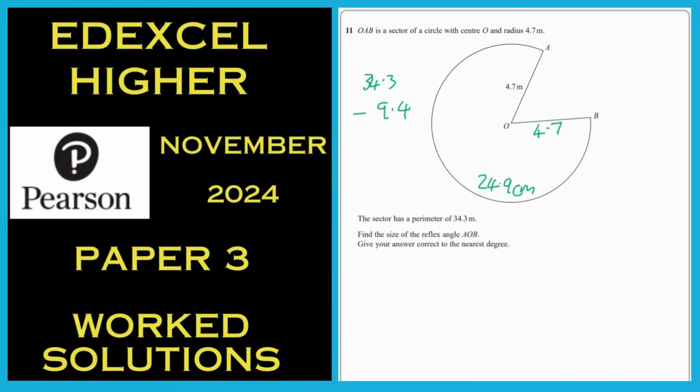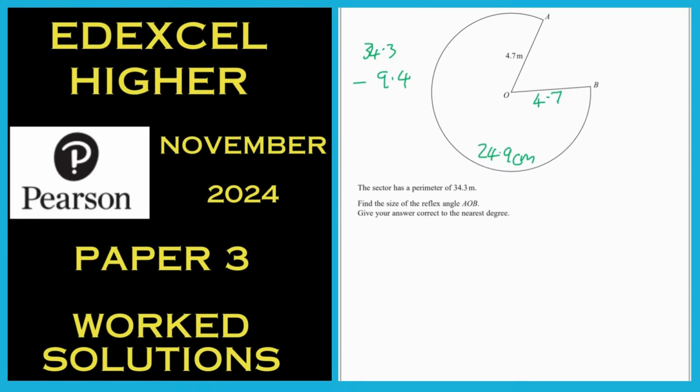And once you've got the length of the arc, we can start worrying about how to work out the size of this angle, because there is a formula for the length of an arc, which is basically the formula for the circumference of the circle, 2 times pi times the radius.